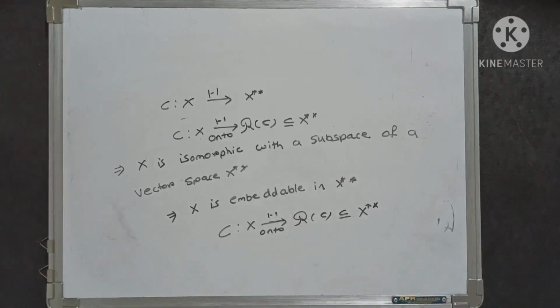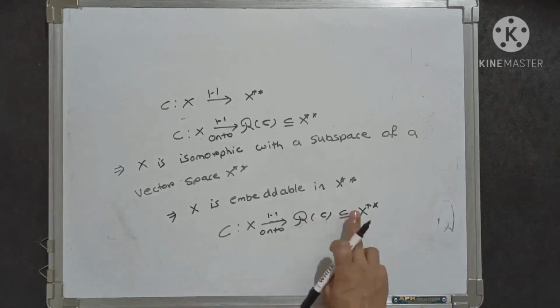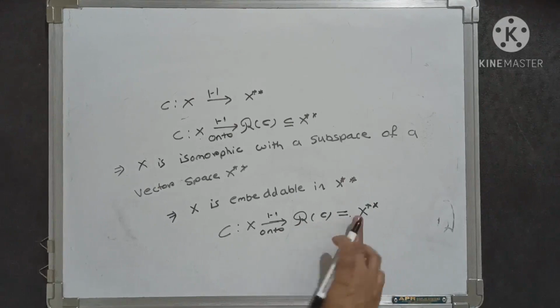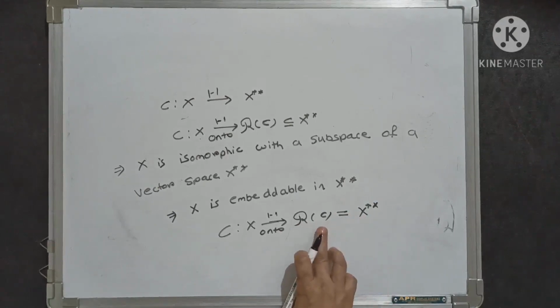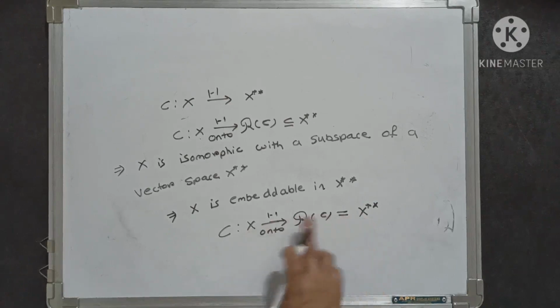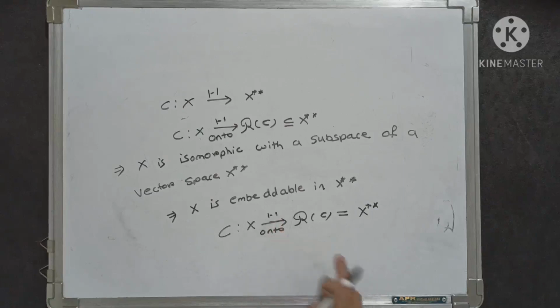Now after that, if this script R of C is equal to X double star, if this range set is equal to X double star, then in this case the mapping C, which is from X to X double star, is both 1-1 and onto, and in this case we say that capital X is algebraically reflexive.